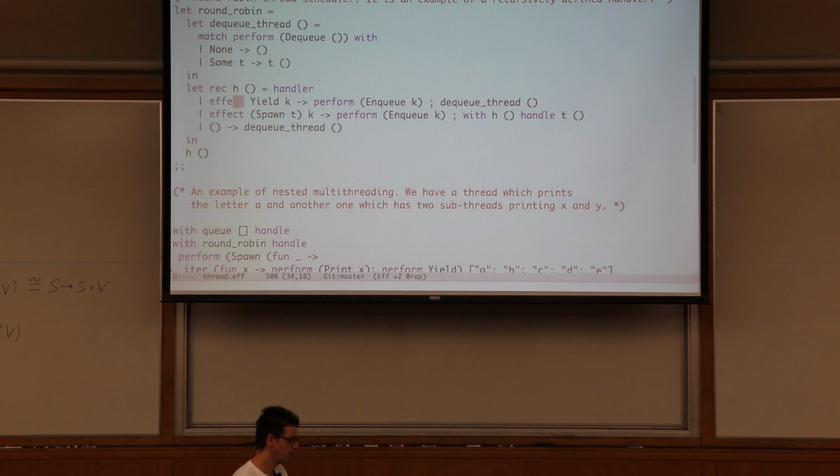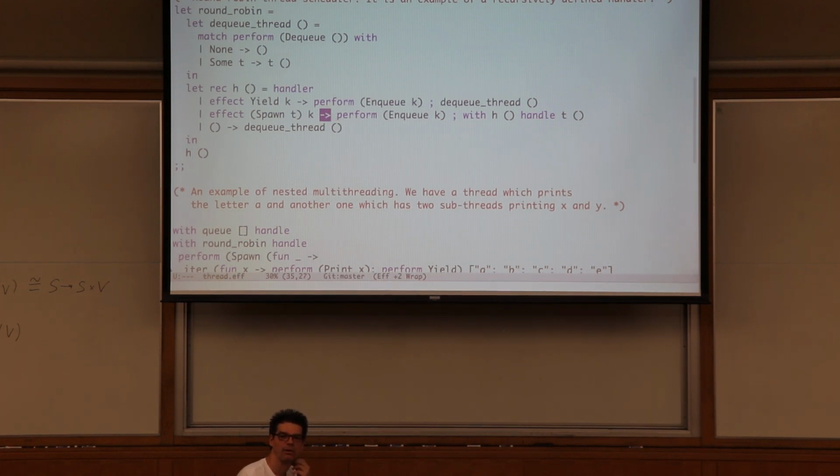So how do I handle yield? A process says, I yield, please put me in the queue. Well, it's very easy. I put the process in the queue, and then I dequeue. There's nothing to be done. Yeah, that's it. Okay? How do I spawn a new thread, T? And now you will tell me who goes first.